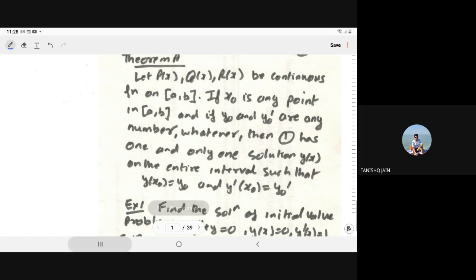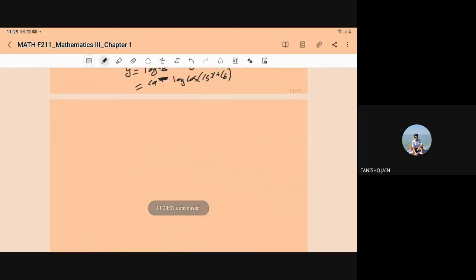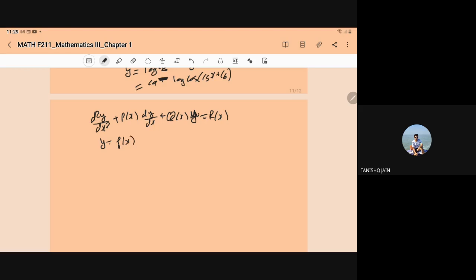The theorem states that if we have the second order differential equation d2y upon dx2 plus px dy by dx plus qxy is equal to rx, we assume that y is equal to fx is the solution of the given differential equation.